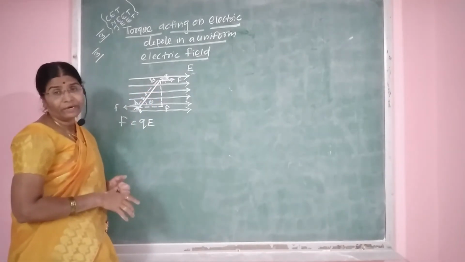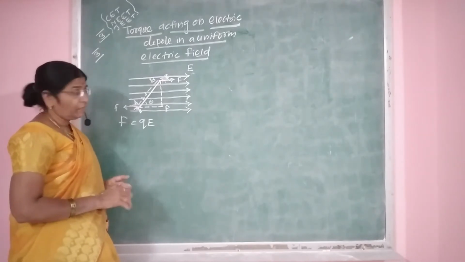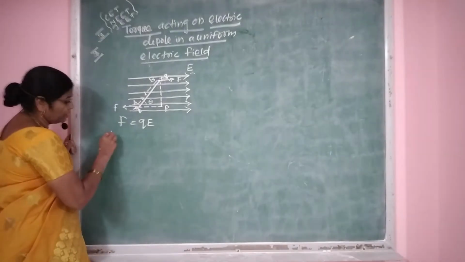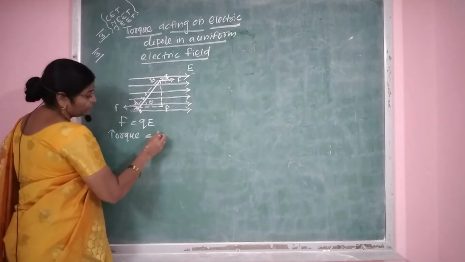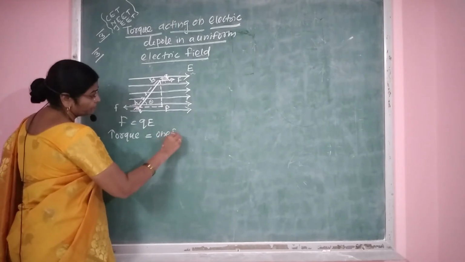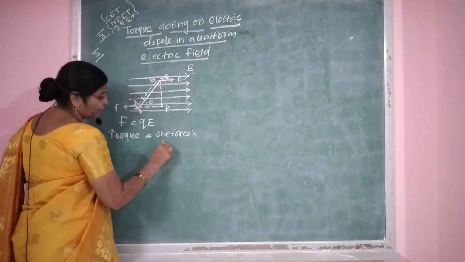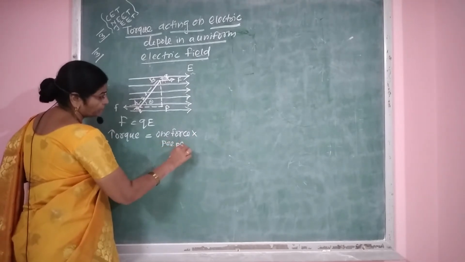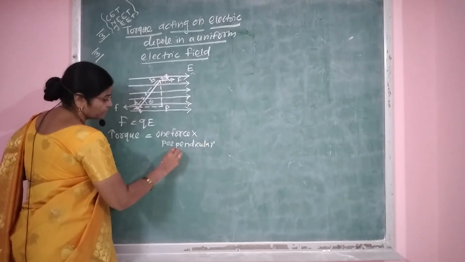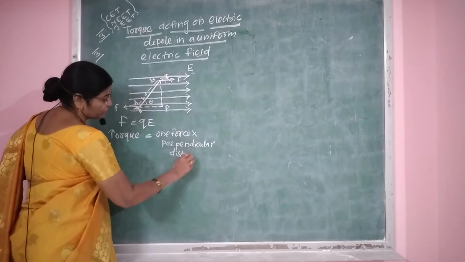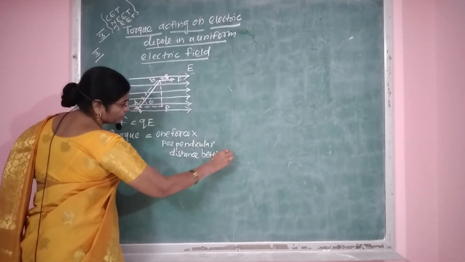This is called a rotating couple, or it is also known as a torque, and hence torque is given by definition. Torque is equal to one force into perpendicular distance between two forces.